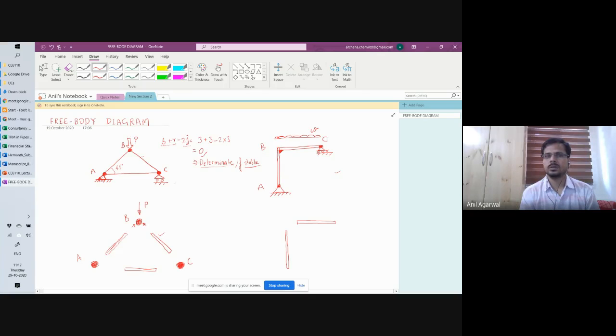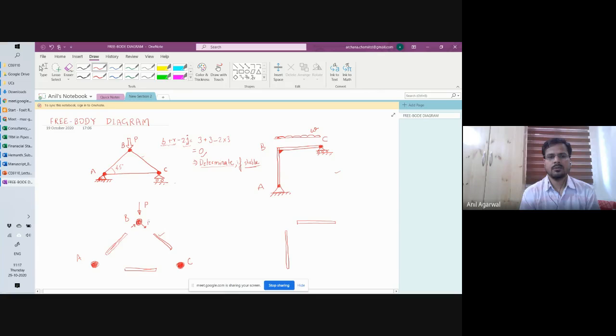Even if you don't know the direction already, you can assume it to be the other way. Because if you don't know, you can say that force is coming this way. Let's say we don't know. Okay. Let me make this a little bit shorter so that I can accommodate all this. Okay. Now, how do I get the values of forces?